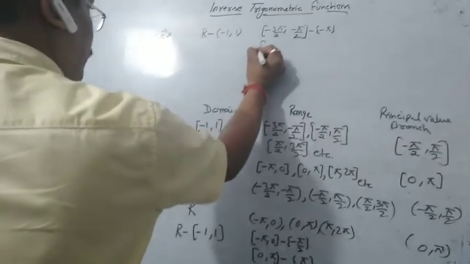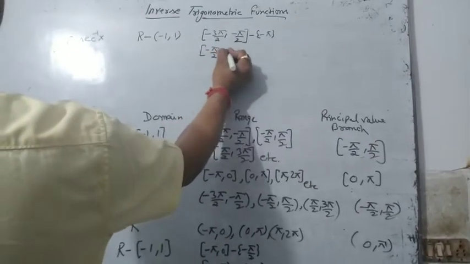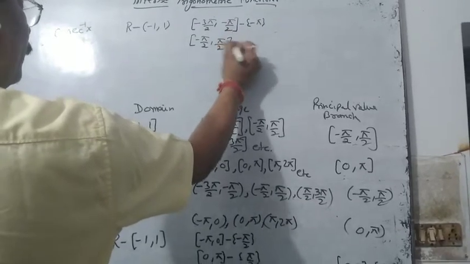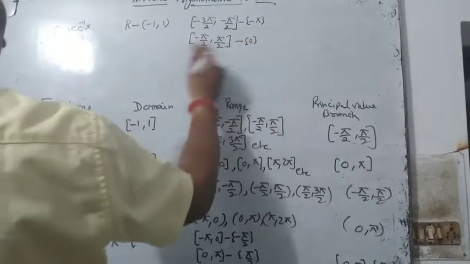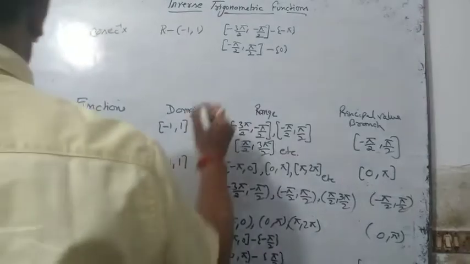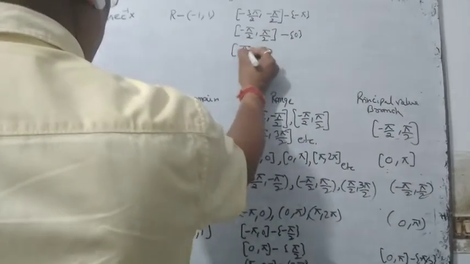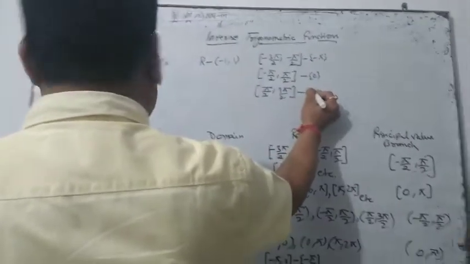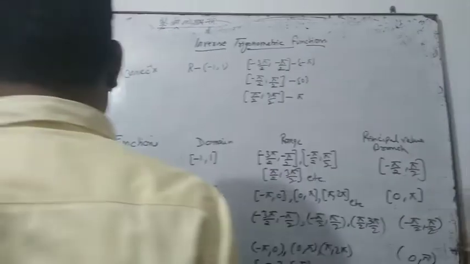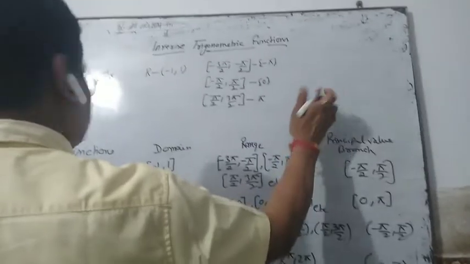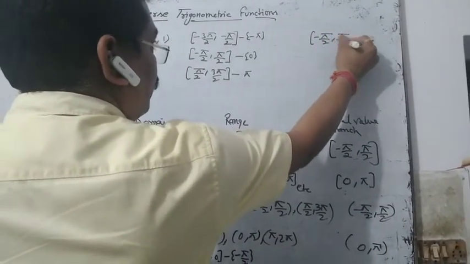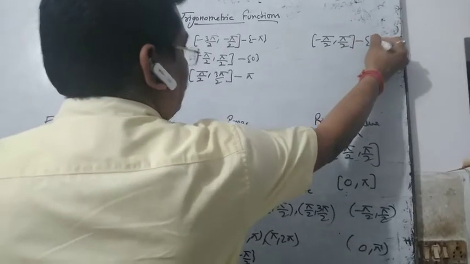Second one is minus pi by 2 comma pi by 2 except 0. Cosec 0 is not defined. Next one is pi by 2 comma 3 pi by 2 minus pi, but its principal value is minus pi by 2 comma pi by 2 except 0.